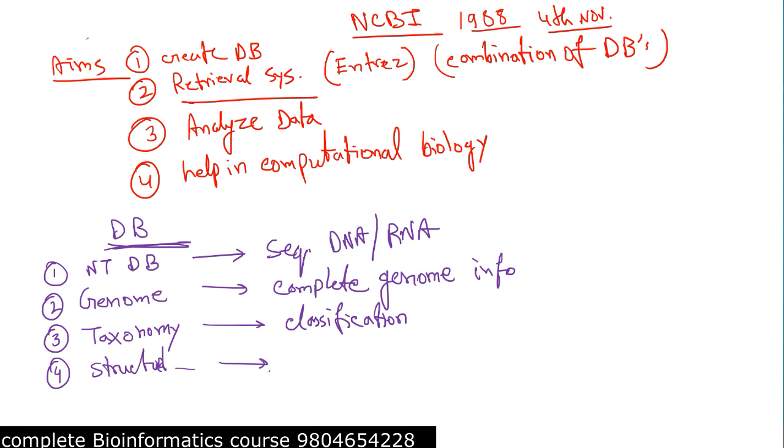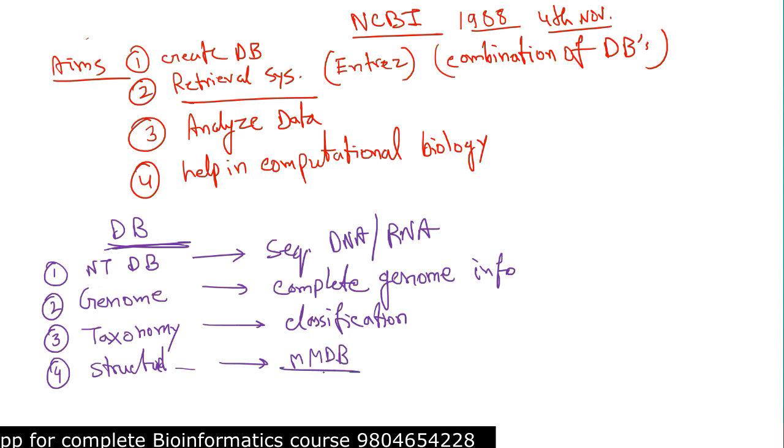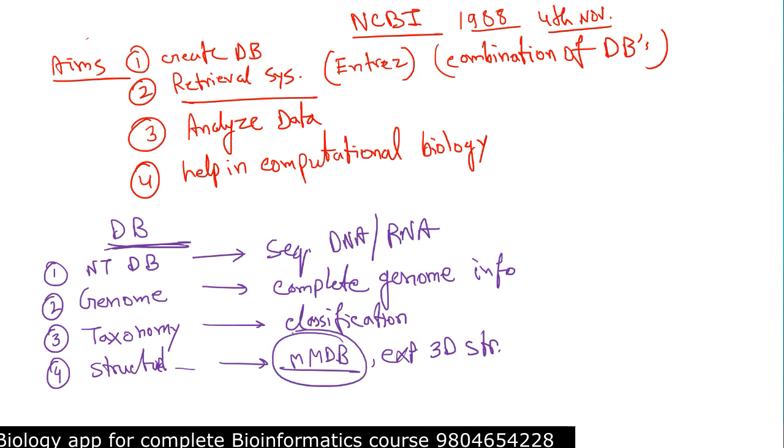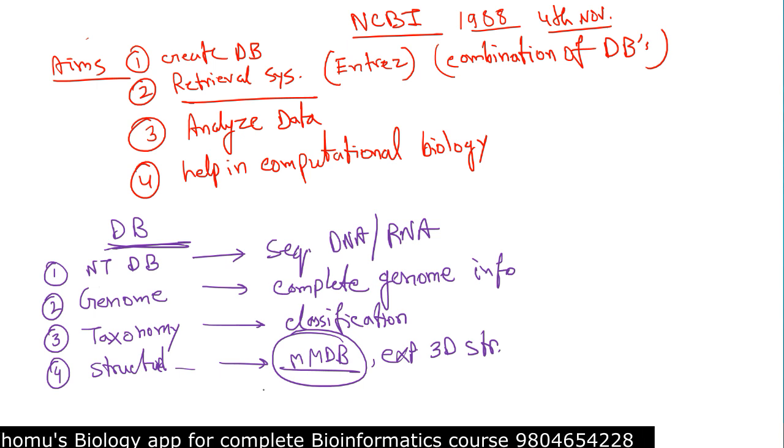An example of such a structural database is the molecular modeling database, MMDB, where we have experimental 3D structures. The 3D structure modeling is prepared and the information is stored based on the structure of the primary sequence of the protein.